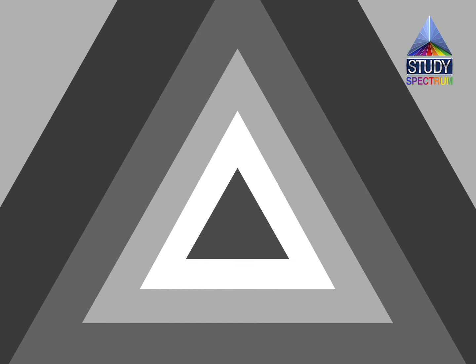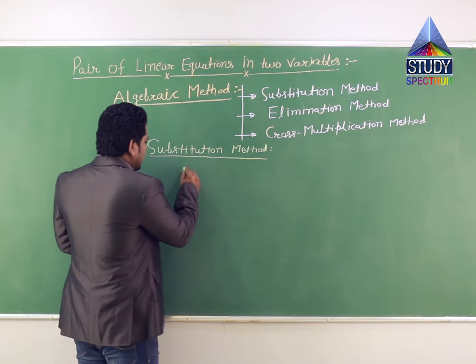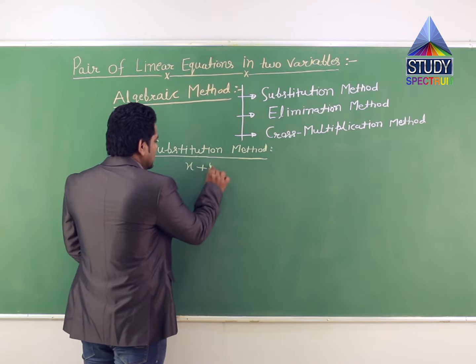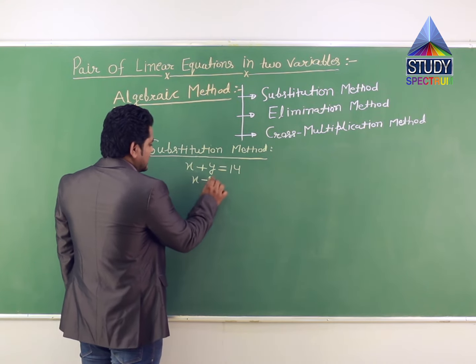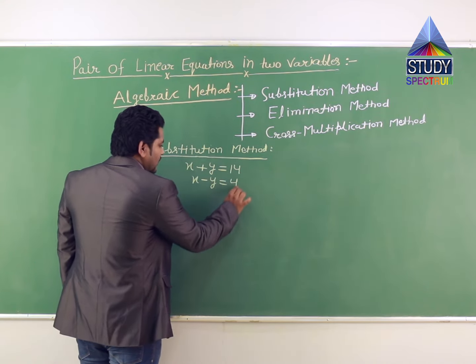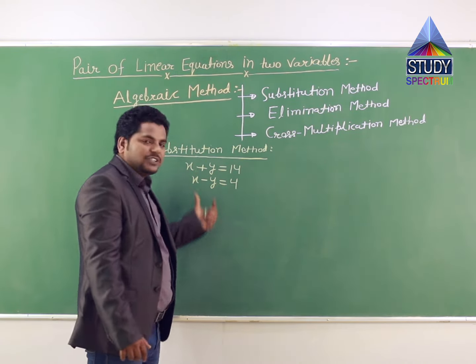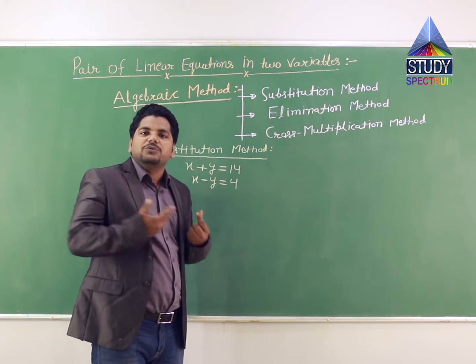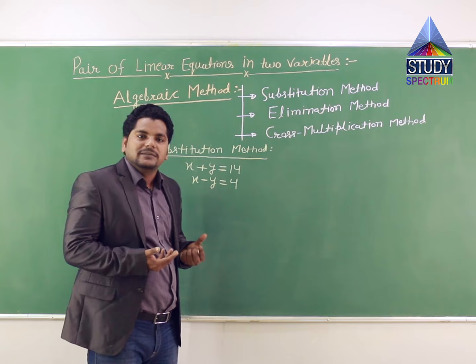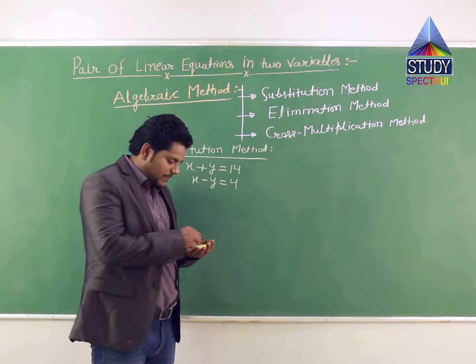Okay. So the question is: x plus y equal to 14, and the second equation is x minus y equal to 4. In the substitution method we choose one of the equations according to our convenience and express one variable in terms of the other variable.